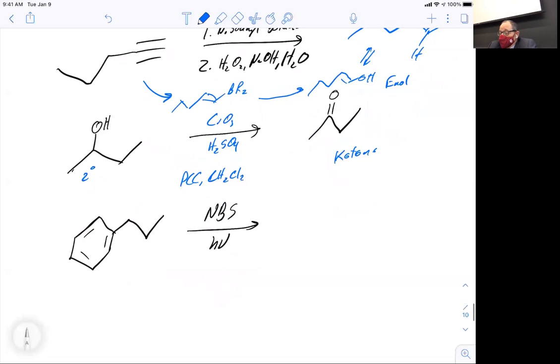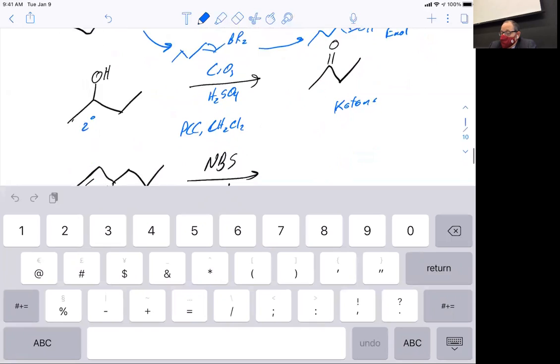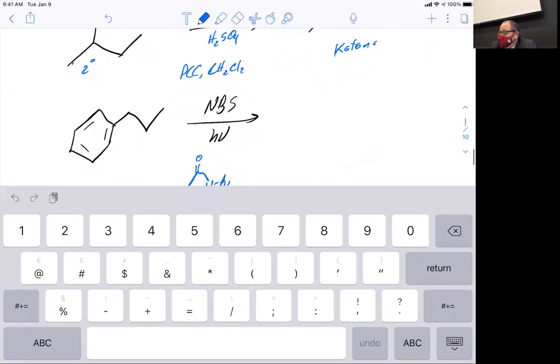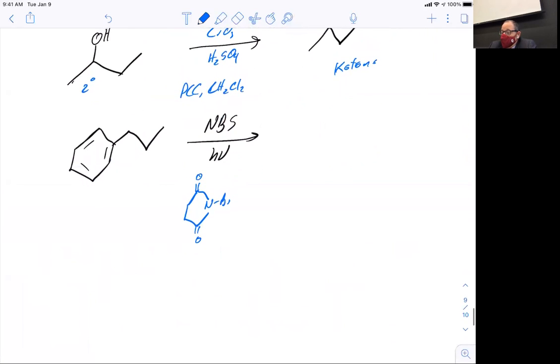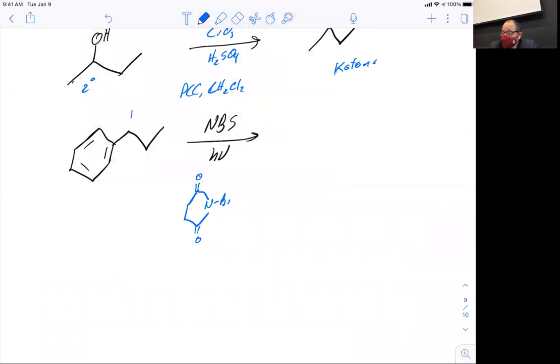Okay, the last one, NBS, is N-bromosuccinimide. Right, this is a radical reaction that works with allylic and benzylic positions. How do I get this? Okay, the allylic and benzylic positions. So what we need to think about is what is our benzylic position?